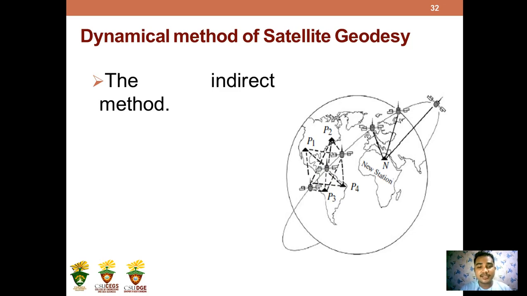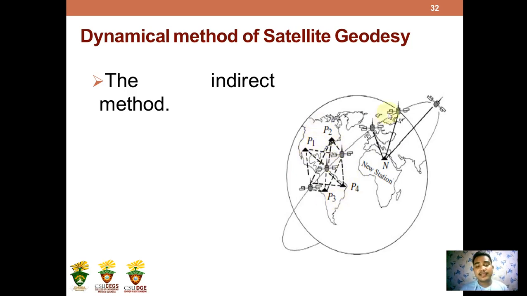It's because the satellite that gives data or determines the location of the new station is not the same satellite that acquired the information from the known points, like for example points 1, 2, 3 and 4.